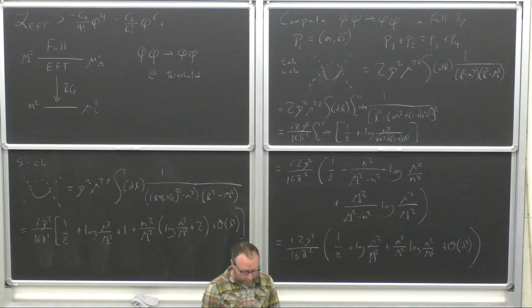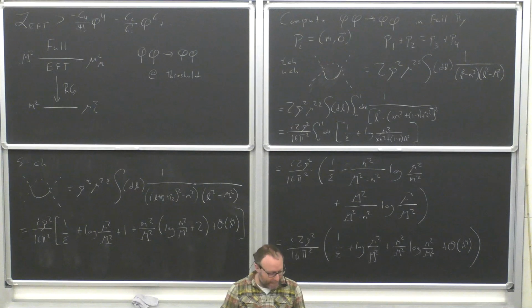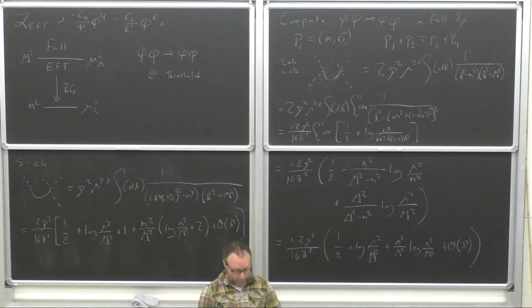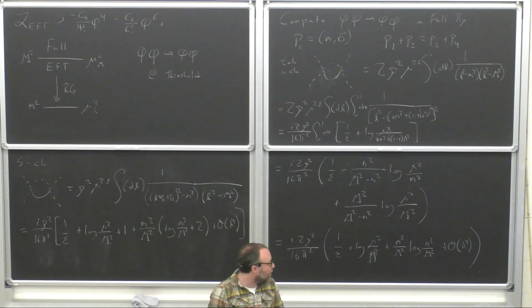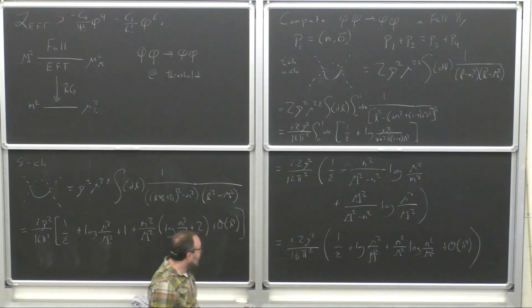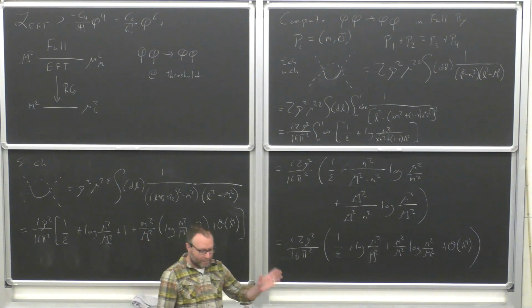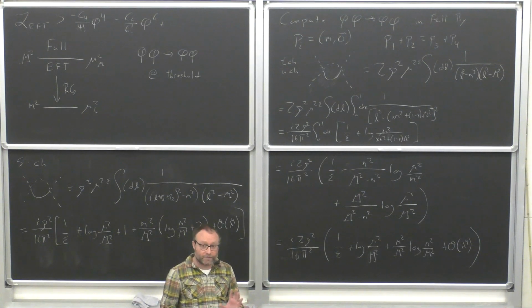And so I bugged everyone around me to help me think about the factors of 2, because of course there's symmetry factors and so on you have to be careful about. And I was honestly ready to give up. I wasn't actually sure what I was going to do. And so I said, okay, fine. EFT is smarter than I am. It has to work. There's something I'm missing.